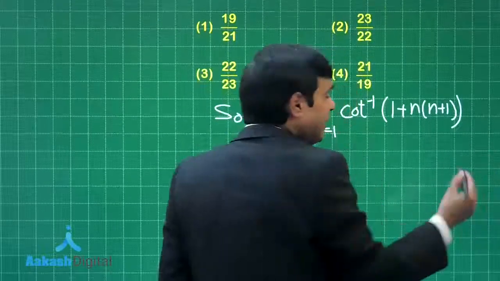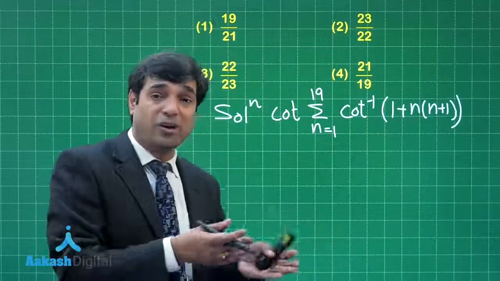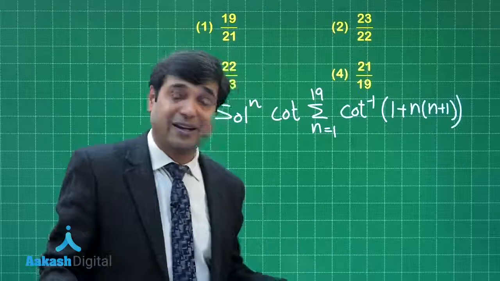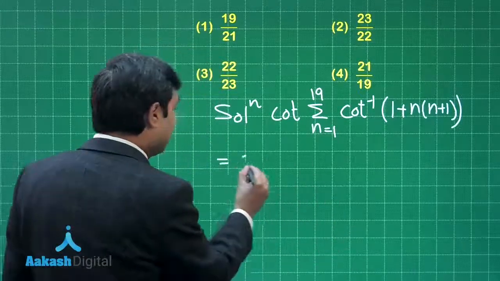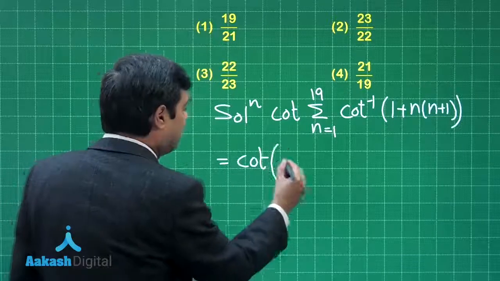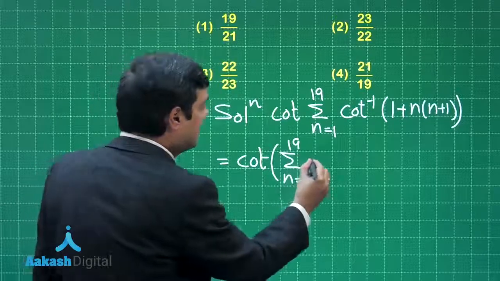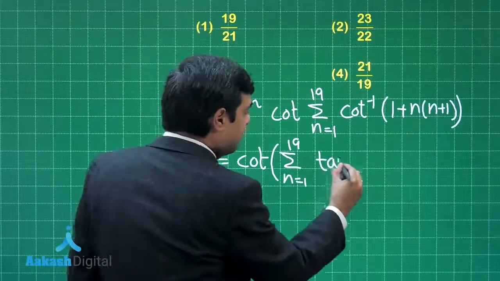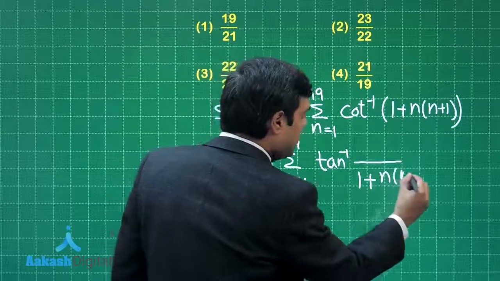What is the approach for this kind of questions? Convert into tan inverse, convert into the series, and you see that alternative terms or consecutive terms are cancelled in most of such cases. So, let us start this question. Cot summation n equals 1 to 19 tan inverse, denominator is 1 plus n into n plus 1.